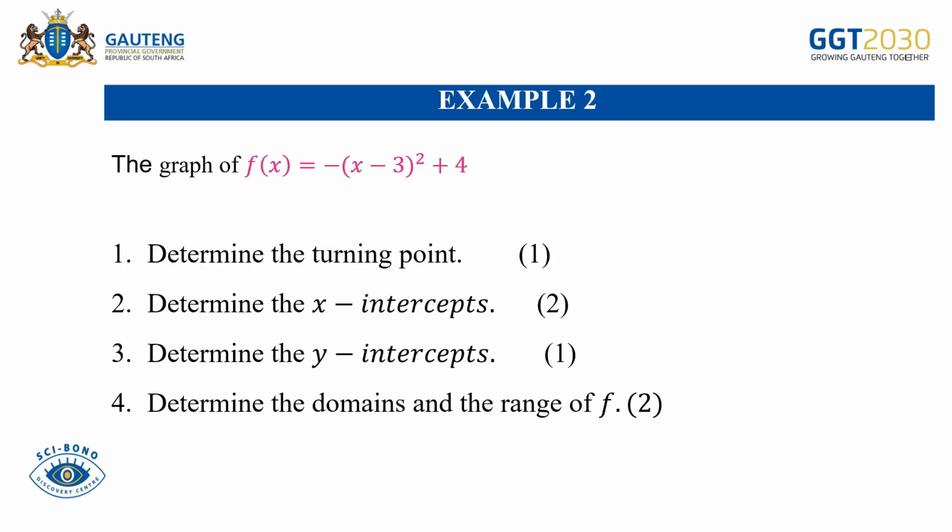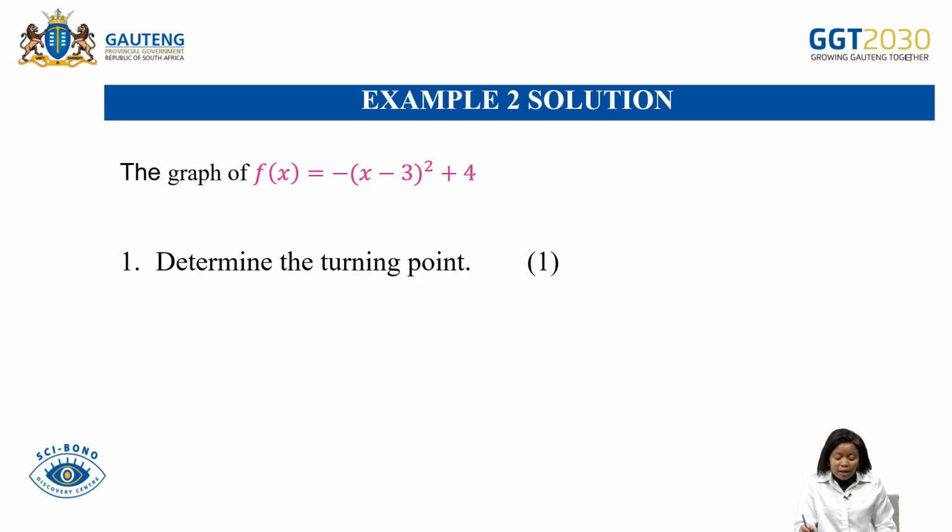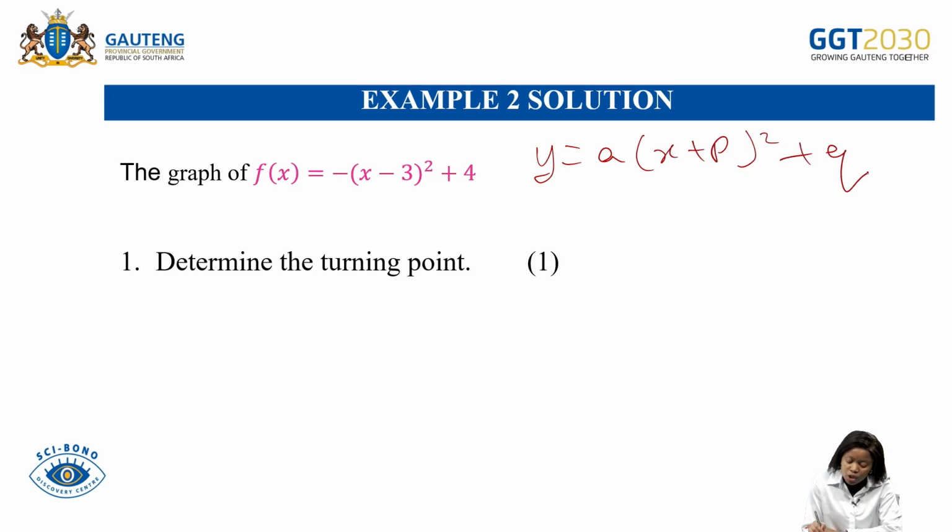Okay, let's look at the graph of y equals negative into (x minus 3) squared plus 4. So the first question says we need to determine the turning point, right? I have told you that your equation, which is given as y equals a into (x plus p) squared plus q, the p and the q are going to be your turning point, right?